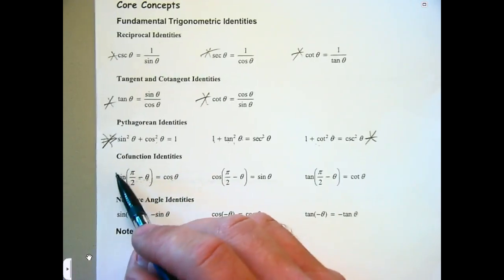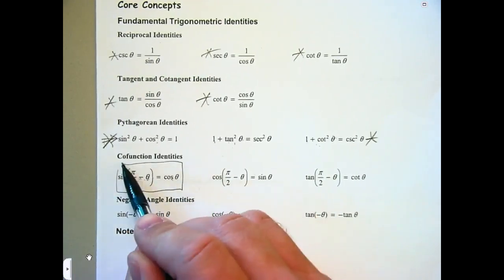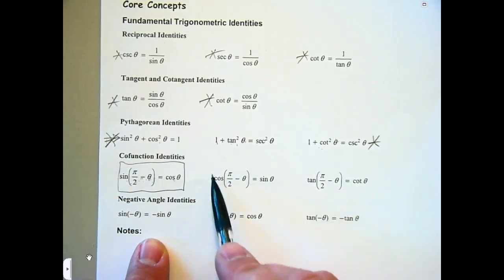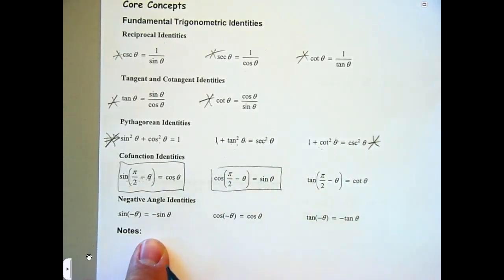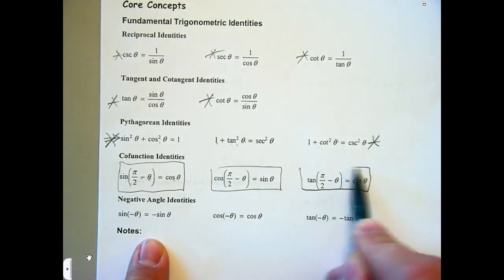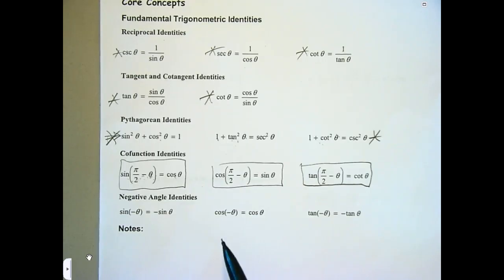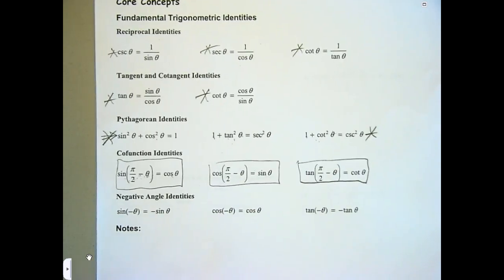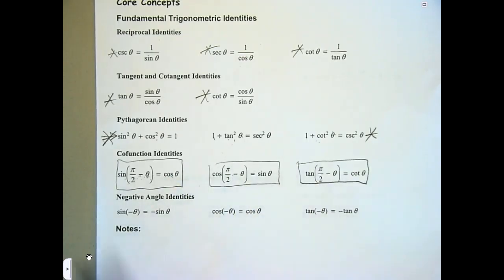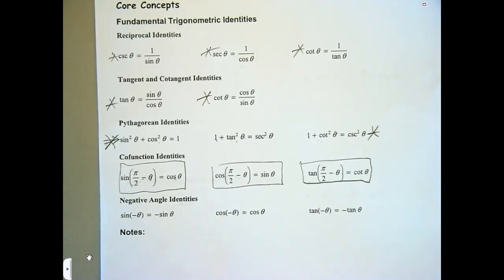All we're saying is that sine and cosine are 90 degree shifts of each other. It's a phase shift of 90 degrees. And that's what's being said here as well. Tangent is a phase shift of cotangent. We've seen that as we've graphed them. When you look at your graphs, you can kind of see that. If you look back at your parent functions, those pages that we've done, you'll be able to see those.